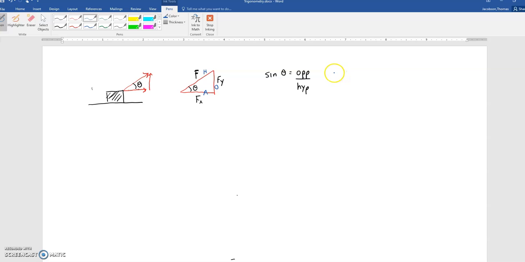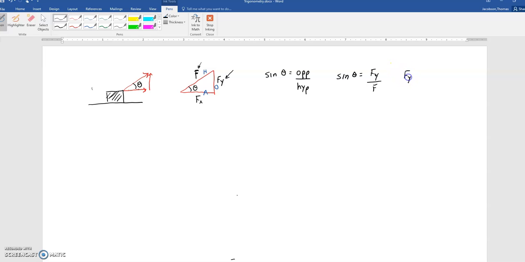So if the sine of an angle is opposite over hypotenuse, then the sine of the angle is going to equal the opposite leg, which is F sub y, you can see that right there, divided by the hypotenuse, which is our angled force, F. And algebraically, we can solve for F sub y.